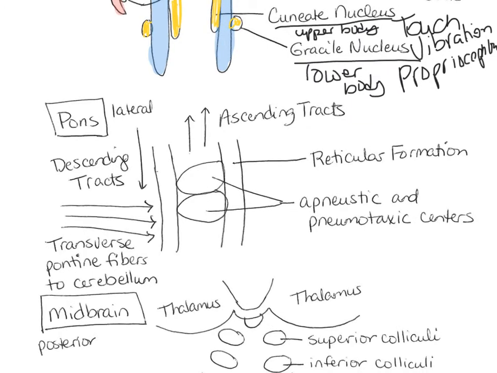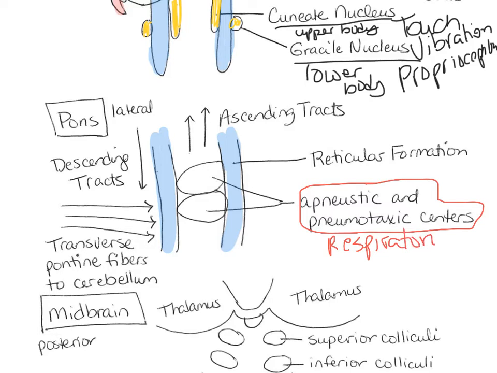And again, right away, we can see that reticular formation continues. It's going to go right up through that pons. And the pons has a few things that I want you to remember. First of all, it has the apneustic and pneumotaxic centers. These are respiratory centers. We're going to hear about them again when we get to the respiratory system. They adjust what the respiratory center is doing in the medulla.